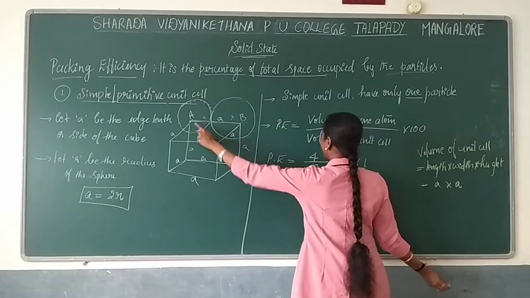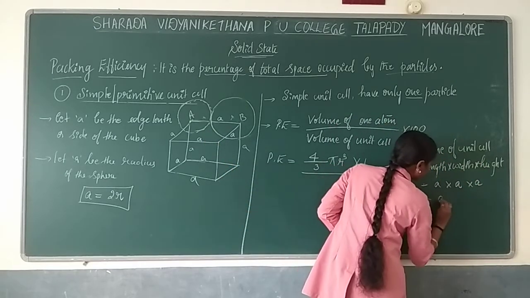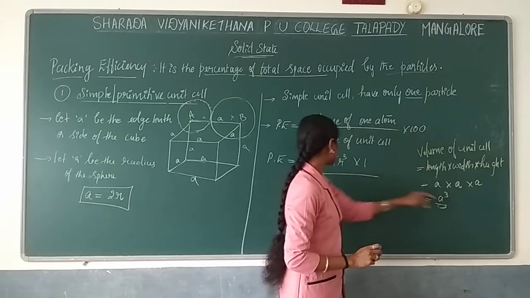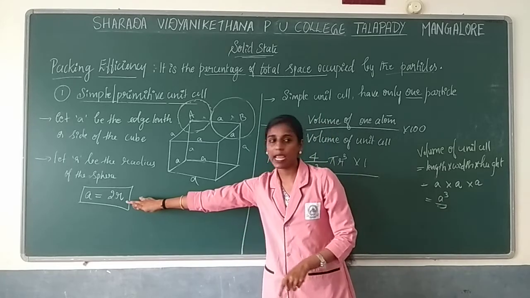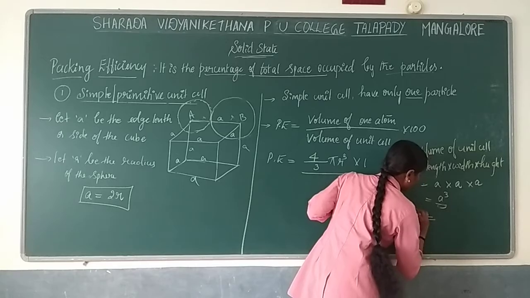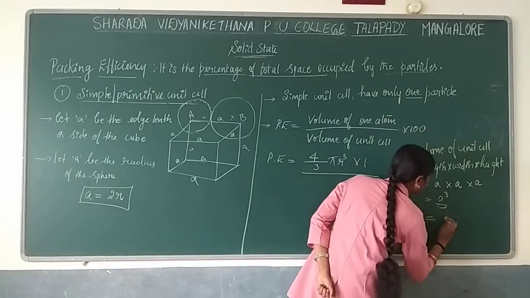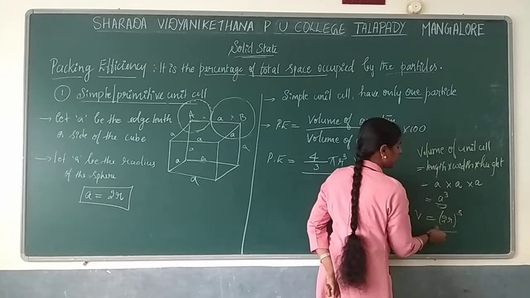What is height? Height is also a. So the volume of the unit cell you can write as a cube. But you know what a is, right? A means 2r, so a cube is nothing but 2r cube.